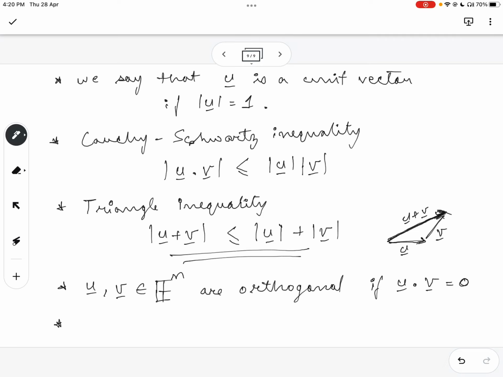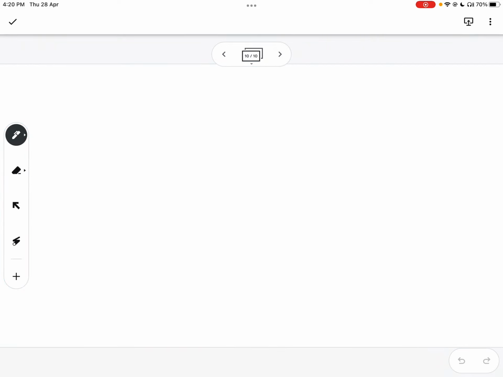Orthonormal would mean that a set of vectors u1 to un is orthonormal if any two vectors ui, uj, the dot product of any two vectors of that set, is 0 if i is not equal to j and 1 if i is equal to j.